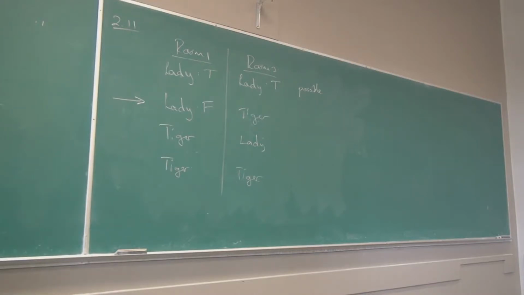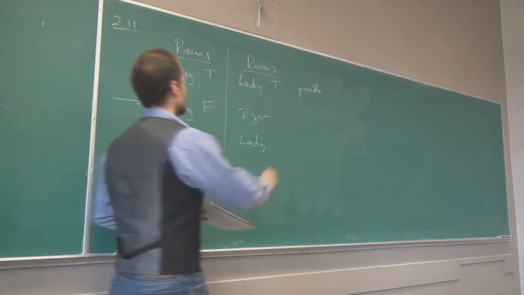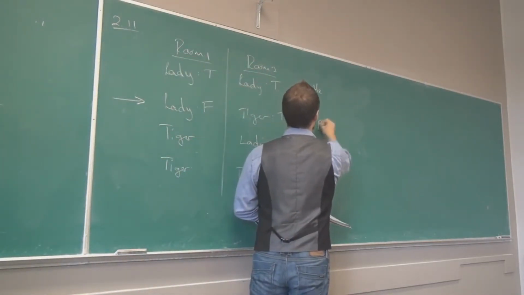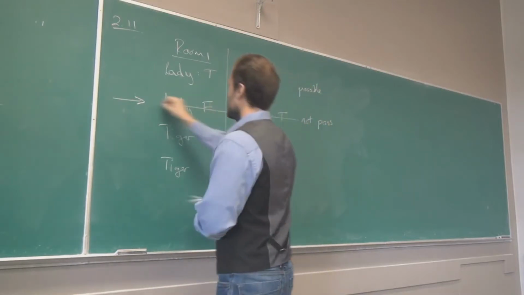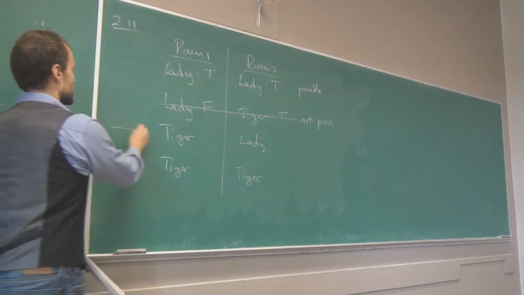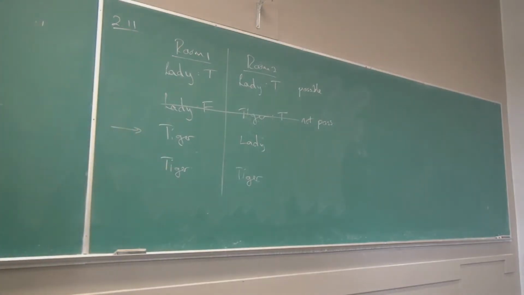Door 2, a lady is in the other room. That's true. That does not go with what the king is saying, so I can throw that one out. So far so good. Let's go to the third one. Door 1 says, a tiger is in this room, or a lady is in the other room.